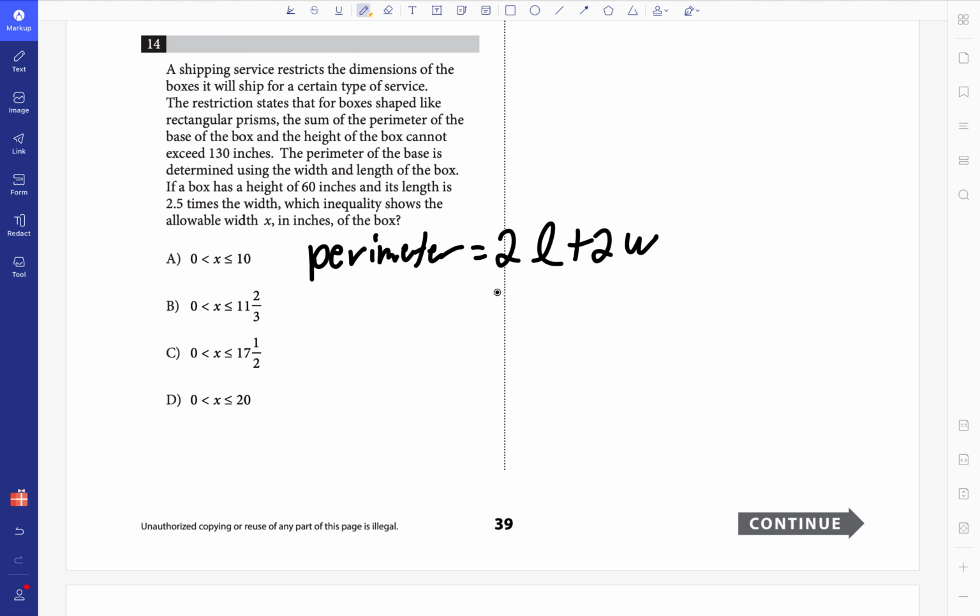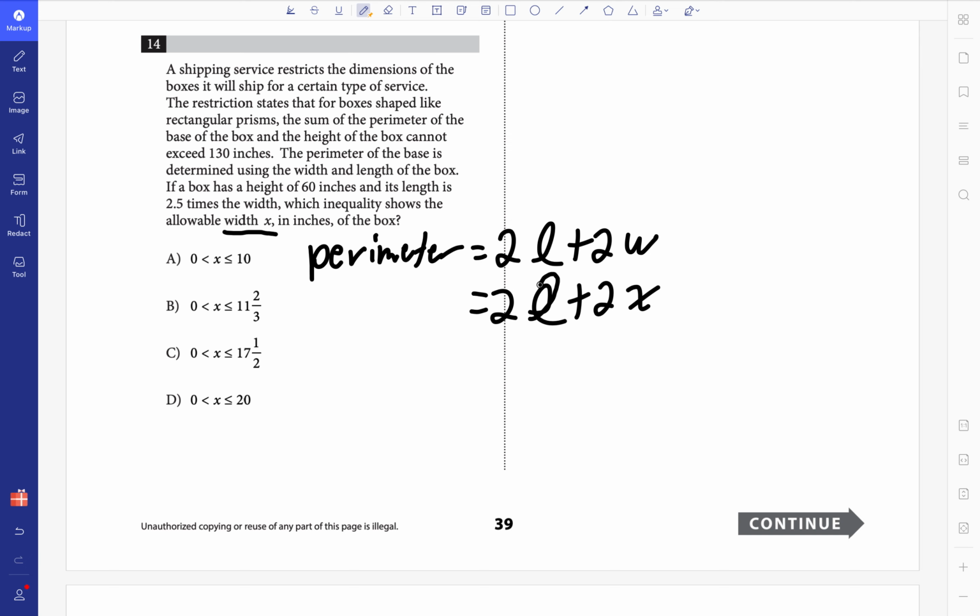Let's set this in terms of x, since width is x. So this is going to equal 2L plus 2x.